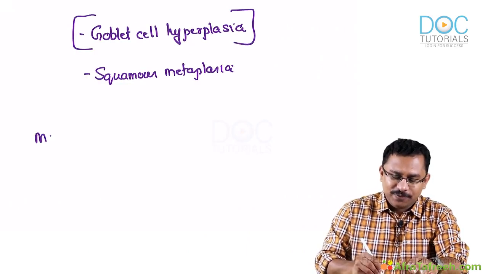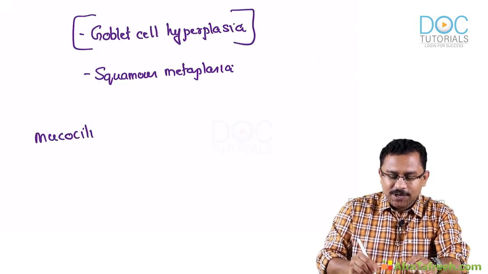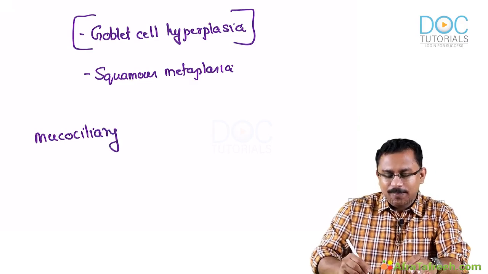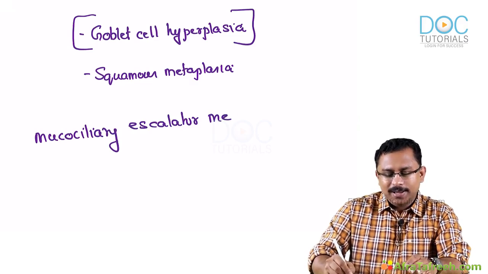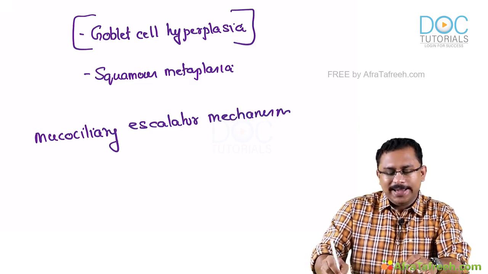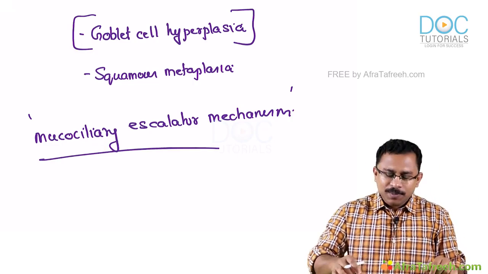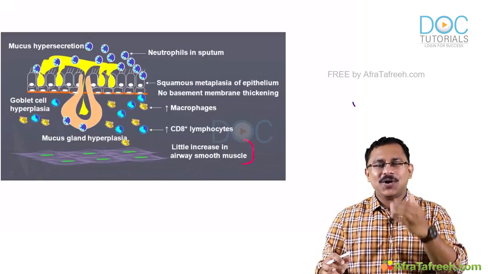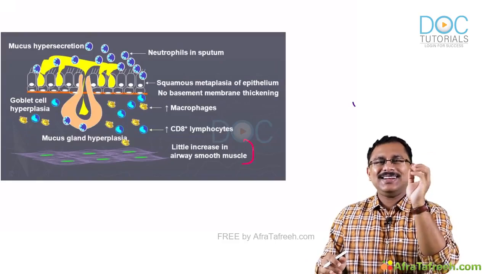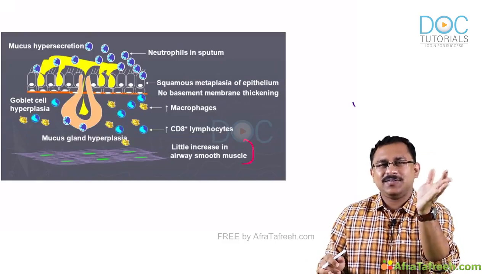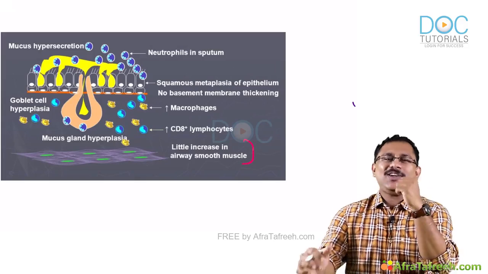I am sure you would have heard of this in your physiology lessons. In a normal case, this mucus would have been taken off, but because there is chronic bronchitis and a slight irritation and destruction of the cilia, the mucus accumulates.